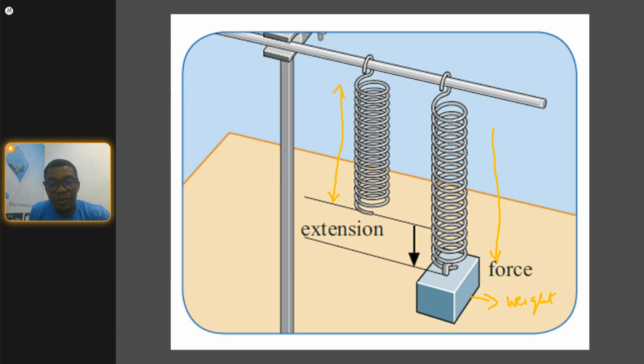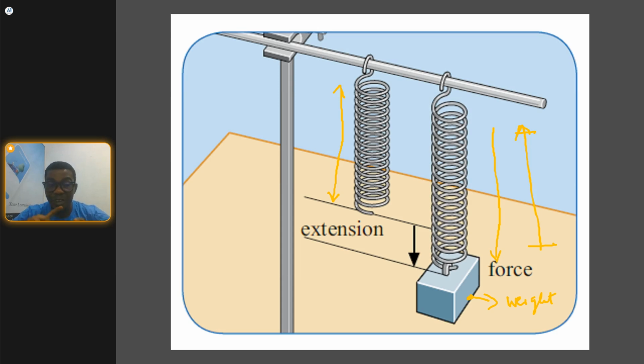Now, if I remove this object, which represents the weight, it will go back to its normal length. So a spring is also a good example of an elastic. It can be stretched, it can be compressed, and it will still regain its original position.